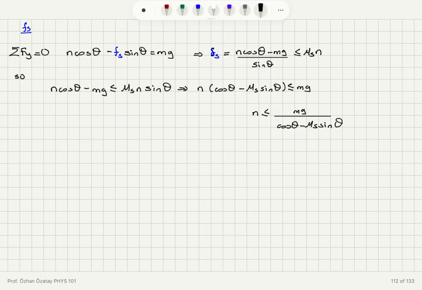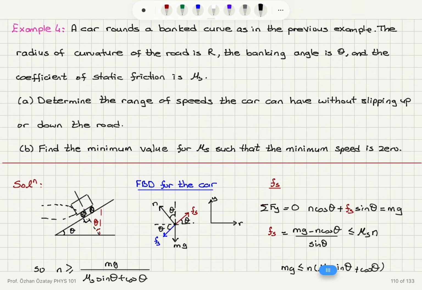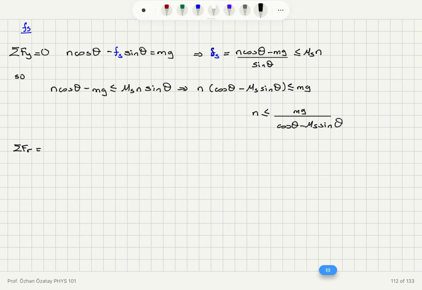Now I come to the radial force. The net radial force here will be the projection of n onto the radial axis, n sine theta pointing in minus r hat direction, and fs cosine theta pointing in minus r hat direction, which is equal to the centripetal force, minus mv square over r. So this is minus n sine theta minus fs cosine theta equals minus mv square divided by r.